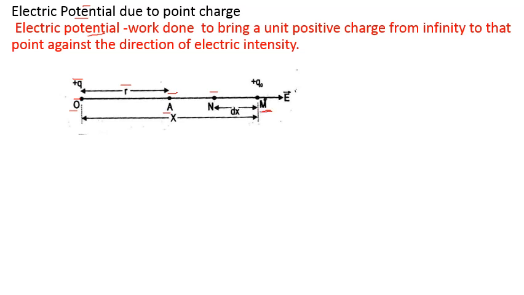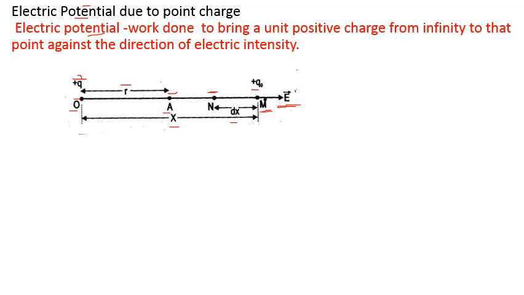This M point is at a distance x from the given charge, and the distance between M and N is dx. Since the charge is positive, electric intensity is in this direction, outward. Show this direction also. This is about the diagram.